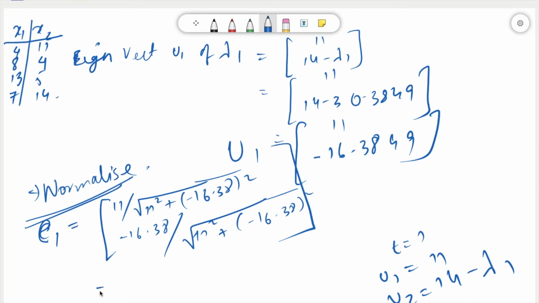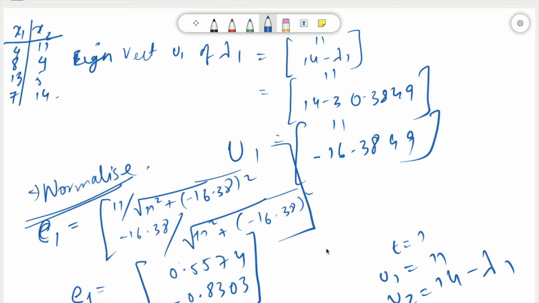If we calculate this, we will have 0.5574 and minus 0.8303. This is our normalized eigenvector corresponding to the eigenvalue lambda 1.